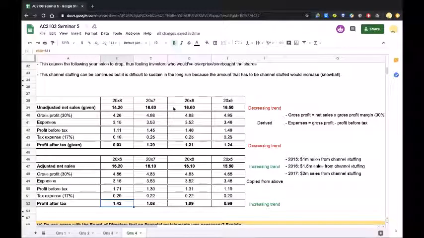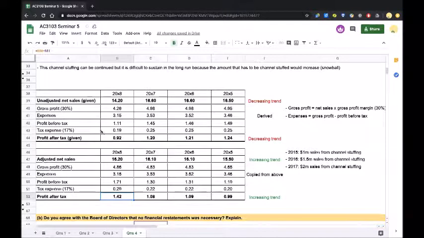And using gross profit minus the profit before tax, based on a tax rate of 17%, we arrive at the expenses, which will be used later in the table below. And also profit before tax, we can arrive here. So after this, we go to the table below to adjust the net sales and profit after tax.